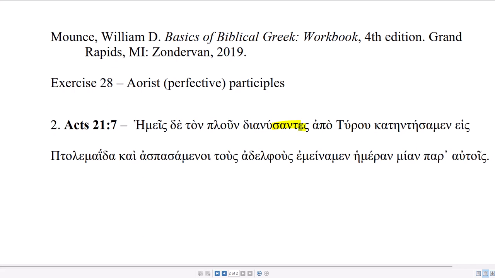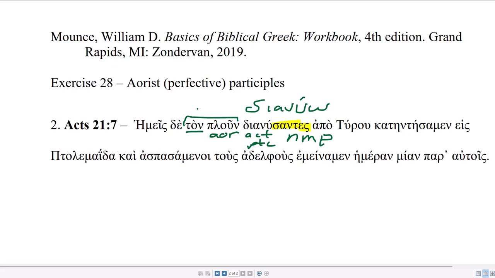And then the S ending for third declension is telling us that it's a nominative masculine plural. And it comes from dianuo, which means to complete in the context of completing an activity or arriving at some place, like at the end of a journey. And I mentioned it's an aorist active participle.